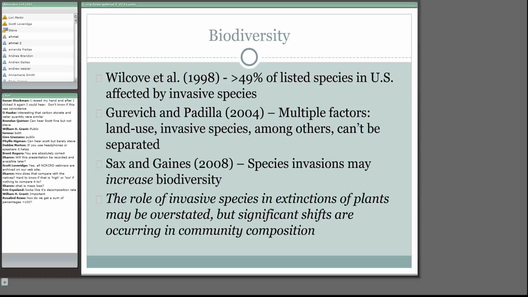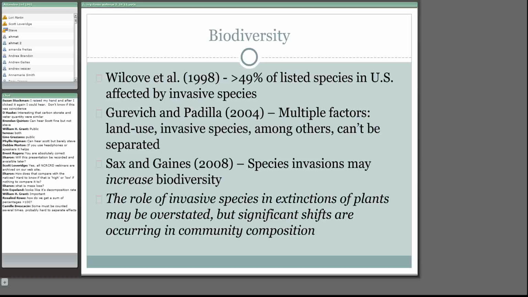But some studies have shown that species invasions may increase biodiversity, not the way we would necessarily prefer. But in summary, the role of invasive species in extinctions of plants might be overstated. There's some work showing that is possible. But definitely significant shifts are occurring in community composition.